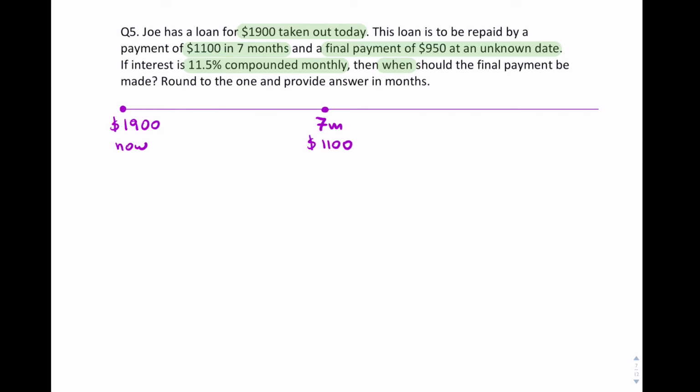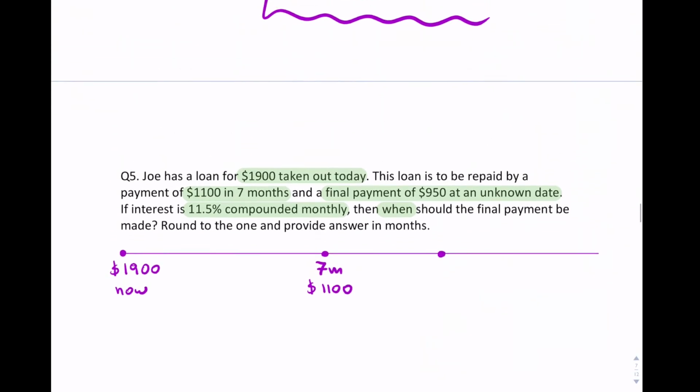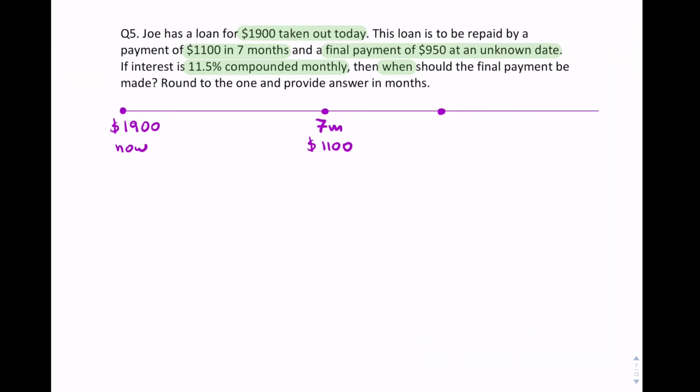That's one. Now we do not know when the other payment will be. It could be anywhere. We can make a guess. We know that it's for 950.